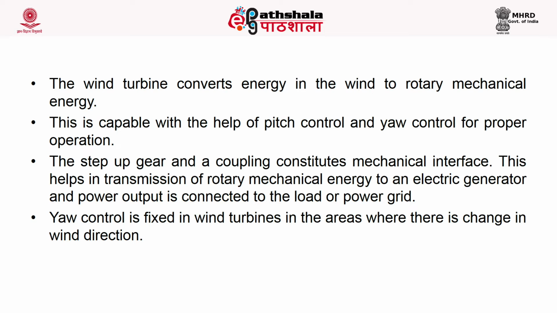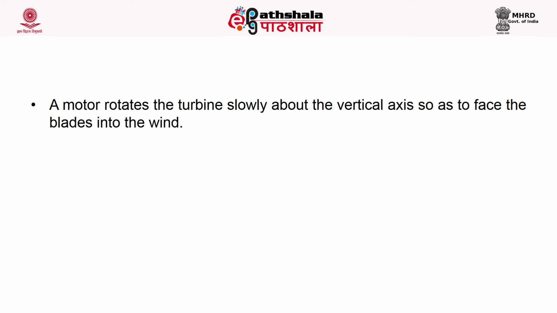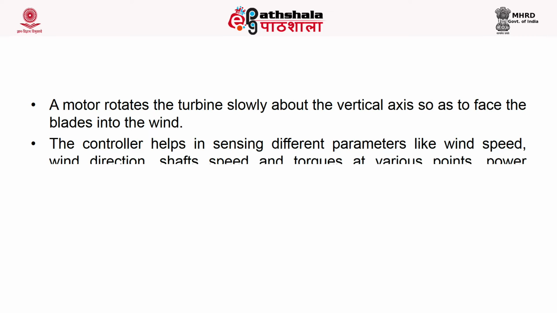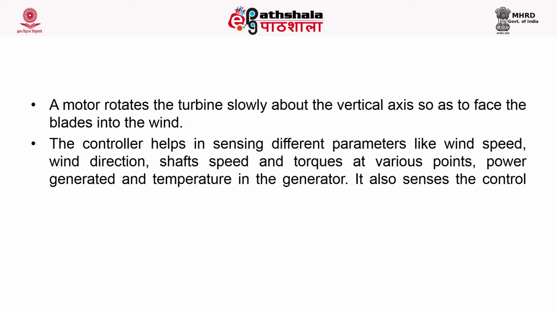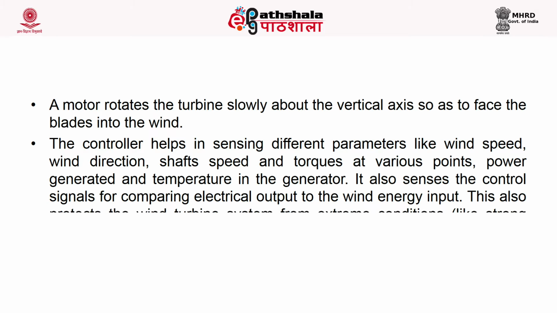or the power grid. The yaw control is fixed in wind turbines in areas where there is change in wind direction. A motor rotates the turbine slowly about the vertical axis so as to face the blades into the wind. The controller helps in sensing different parameters like wind speed, wind direction, shaft speed and torques at various points, power generated and temperature in the generator.